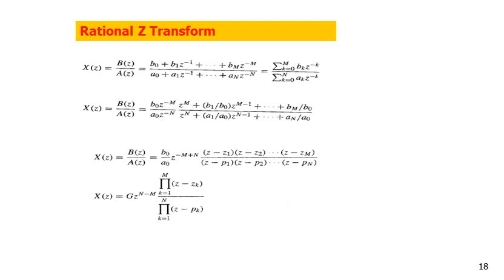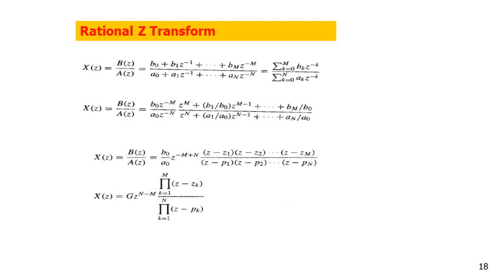Another way of writing the same polynomials is if we take out the first coefficient b naught common from the numerator, and along with b naught we take z raised to the power minus m common. So what we are doing is we are just changing the first coefficient to be 1 and powers of z to be positive instead of negative.